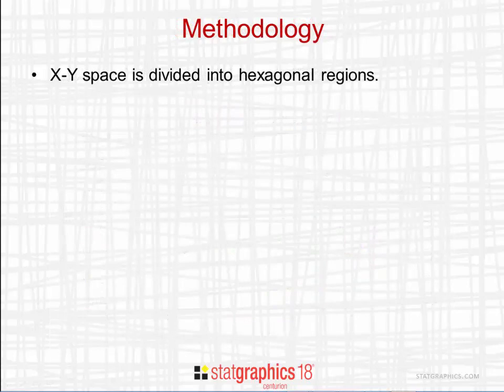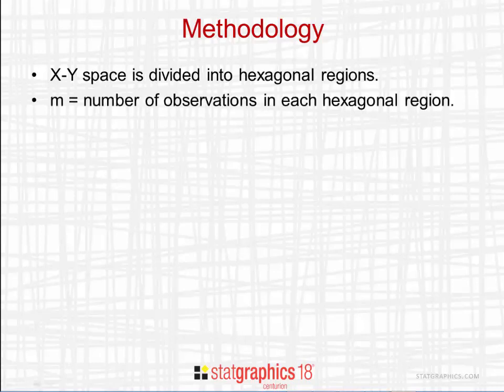To create a sunflower plot, we first divide the XY space into a grid of hexagonal regions. We then look separately at each hexagonal region. Let M be the number of observations in a particular region.